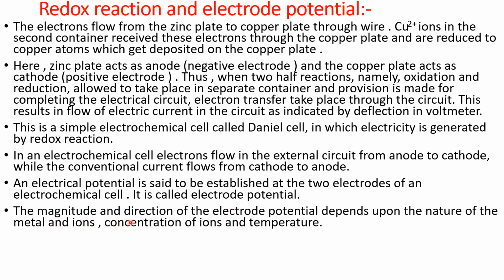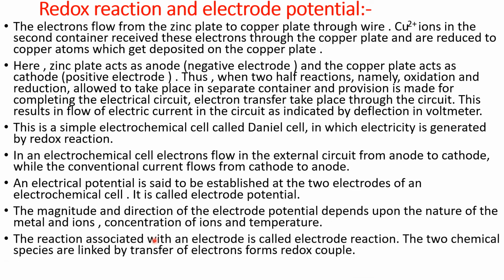The magnitude and direction of electrode potential depend upon the nature of the metal and ions, the concentration of the ions and the temperature. The reaction associated with the electrode is called the electrode reaction. The two chemical species are linked by transfer of electrons in a redox couple.